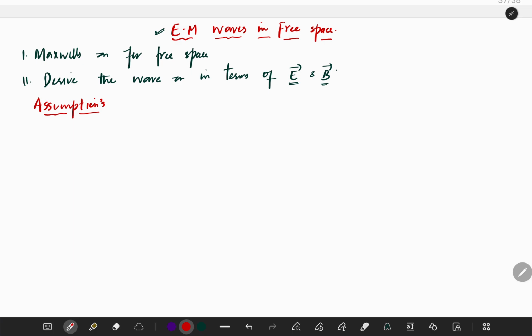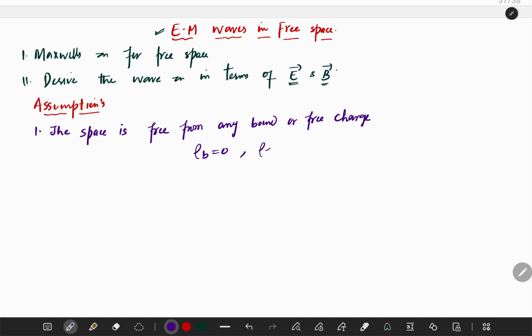The first assumption is that the space is free from any bound or free charge. There are no bound charges, there are no free charges in the free space.